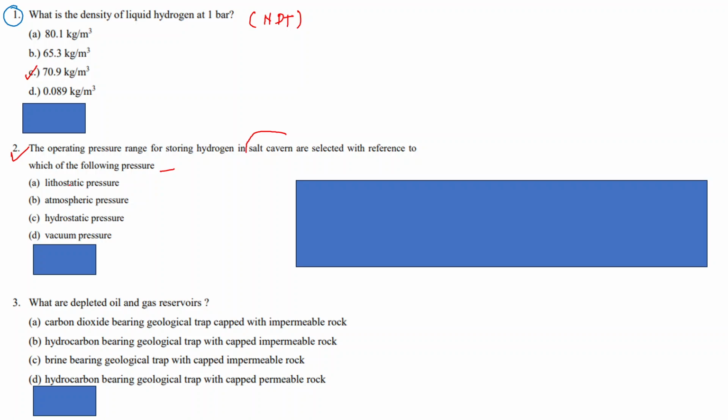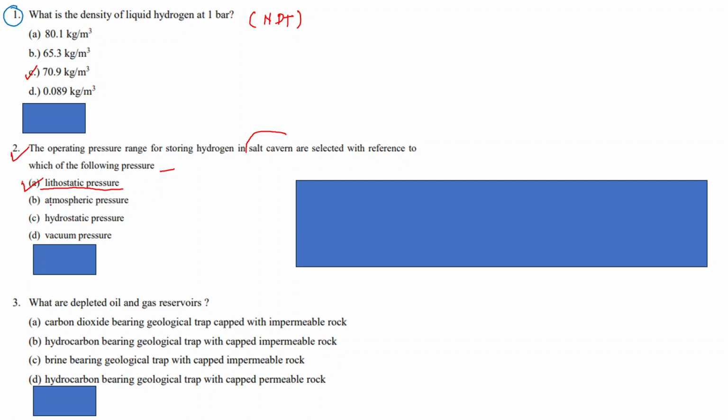Which one should the operating pressure for salt cavern hydrogen storage systems be above? The answer is lithostatic pressure. What is lithostatic pressure?